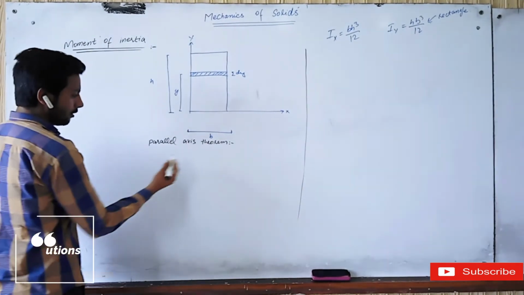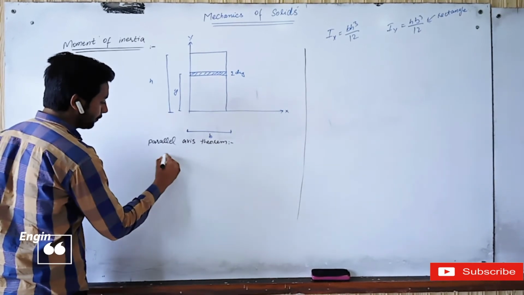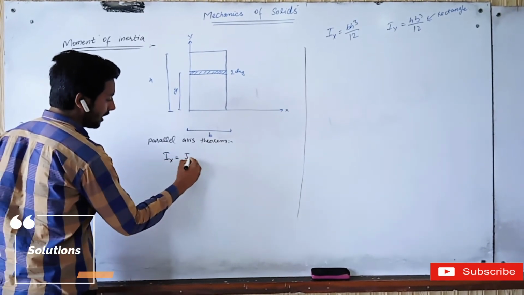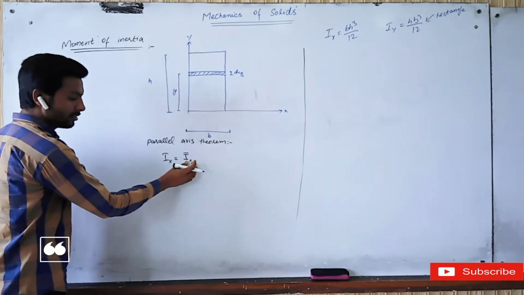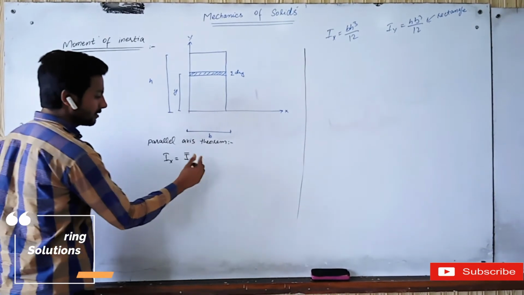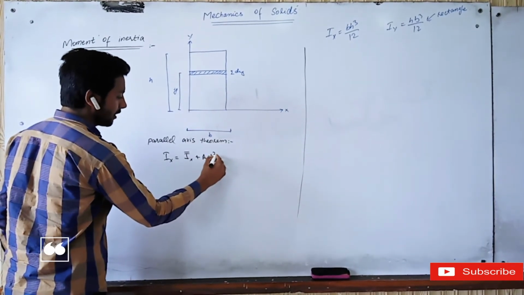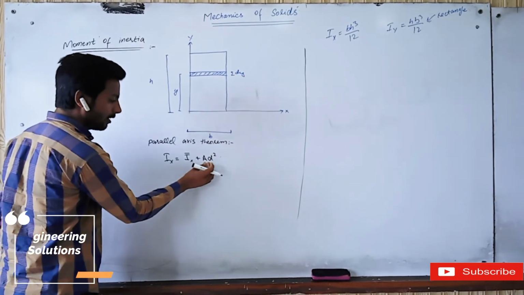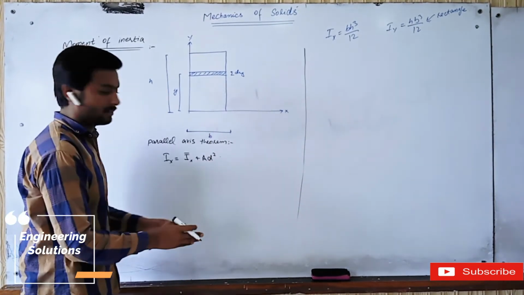So the formula for the parallel axis theorem is Ix is equal to Ix bar, the moment of inertia about the principal axis, plus A D square. A is the area of the figure and D is the distance between the two axes.